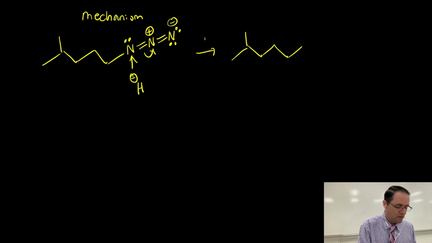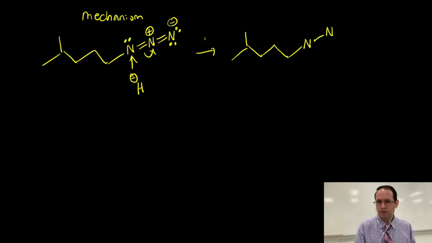It's easiest to see. And if we treat this with LAH, what do we get? Remember, when we have LAH, we just write hydride, and this is going to attack the nitrogen on the left, kick off electrons. Okay. So that's going to form an intermediate that looks like this.